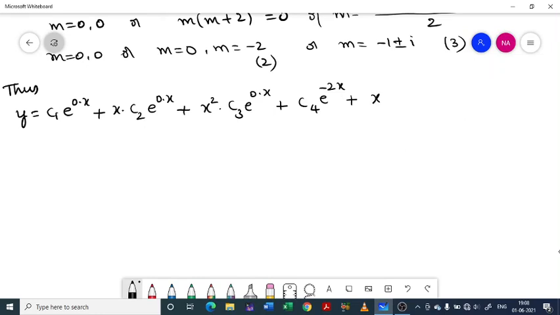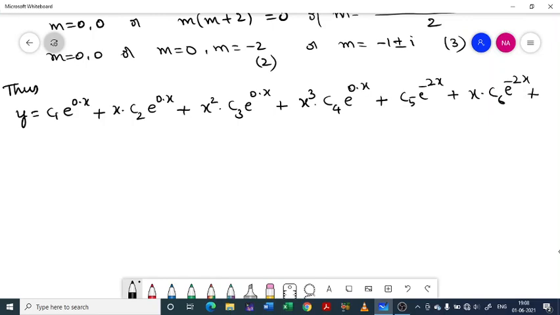0 already repeated 3 times, okay, x power 3 into c4 e power 0 into x, plus now minus 2 times, so c5 e power minus 2x plus x into c6 e power minus 2x, so 0, 0, 0, minus 2 two times, so total 6, correct.